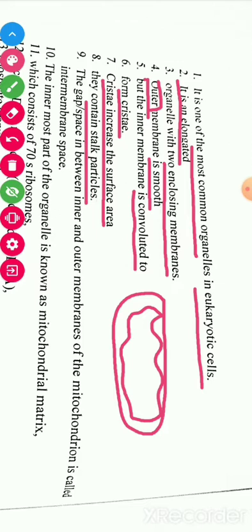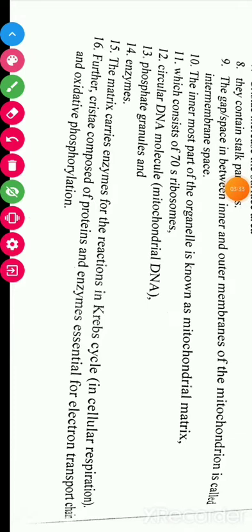The gap or space between the inner and the outer membranes of the mitochondrion is called the intermembrane space. The innermost part of the organelle is known as the mitochondrial matrix. Now what does this contain?